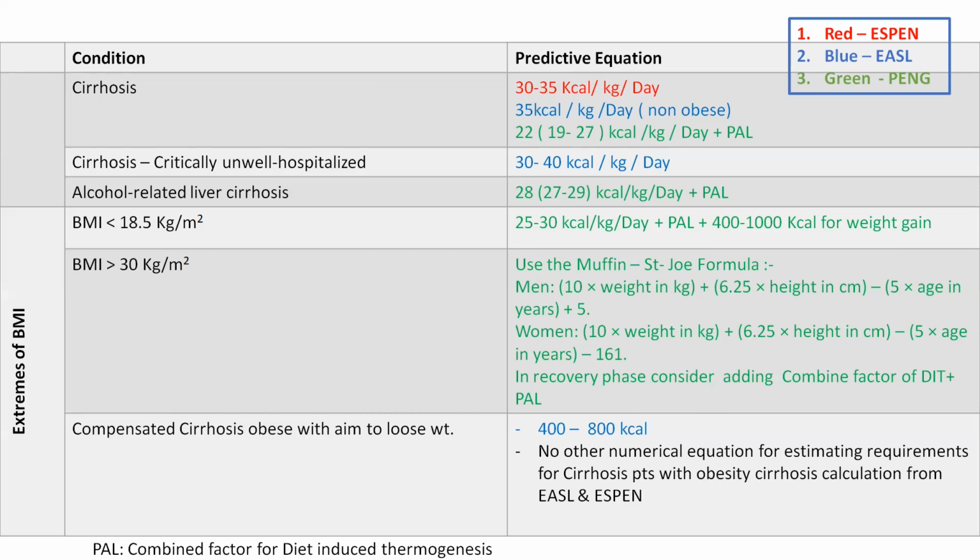There is no other numerical equation for estimating requirements for cirrhosis patients with obesity from the EASL and SPEN. So I would focus on this part suggested by PENS, and we will focus on the obesity to lose weight, reducing this much calorie from the resting energy calculation. And again, we have to add PAL.